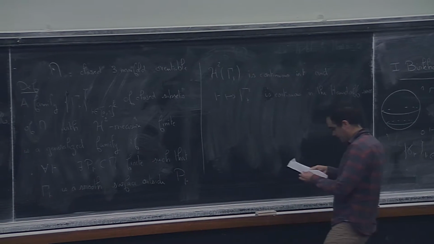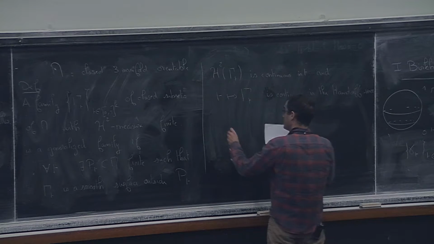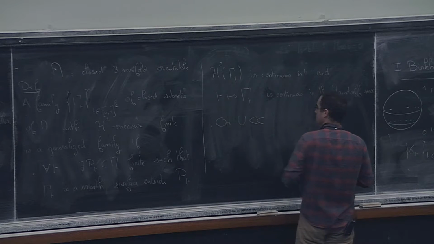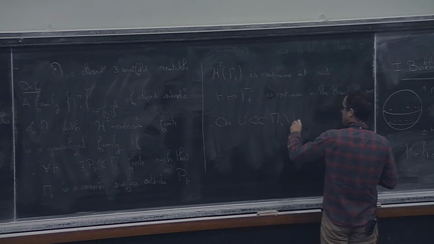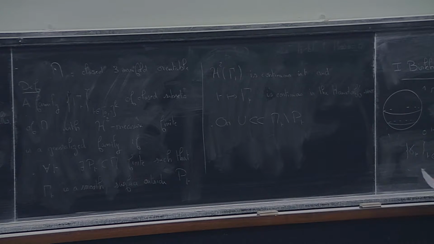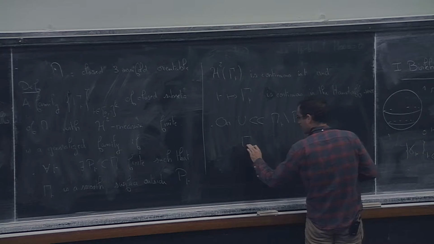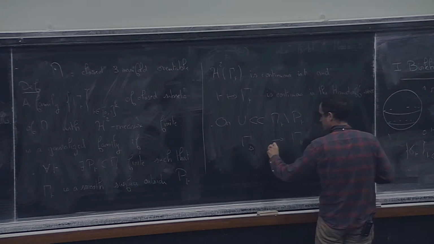Okay, and the last point you ask to have a continuous family is the following. On any open subset U included in M minus Pt, so you look outside of the point Pt and you look into some subdomain of this, then gamma sub s goes to gamma sub t when s goes to t.